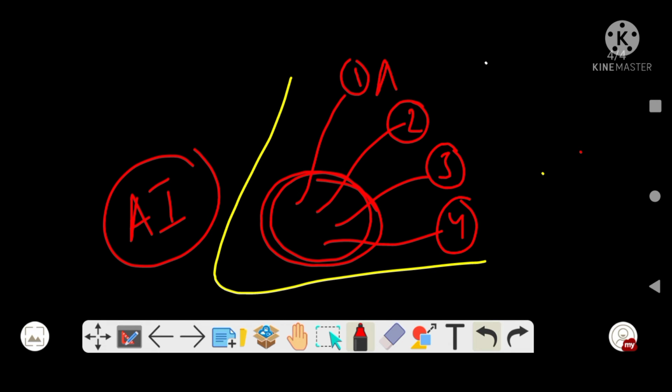First artery is your anterior ethmoidal artery. Second is your sphenopalatine artery. Third is your greater palatine artery. Fourth is your superior labial artery.